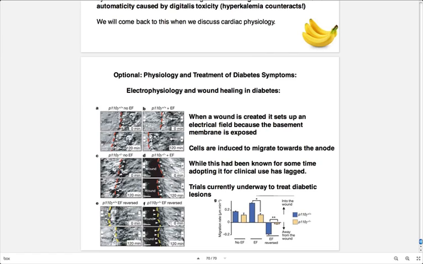People test electrical stimulation to try to increase migration. Where it's probably going to be useful is for diabetic lesions. People with diabetes often develop lesions that don't heal well, and it's thought that electrical stimulation is a good thing to do. So there are a lot of clinical trials in that.